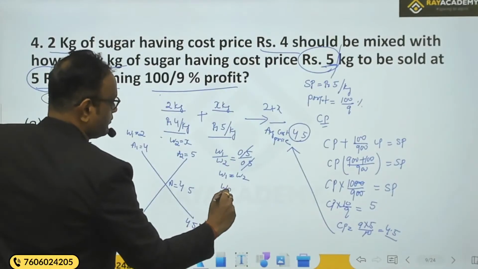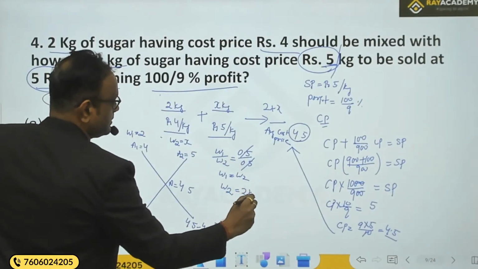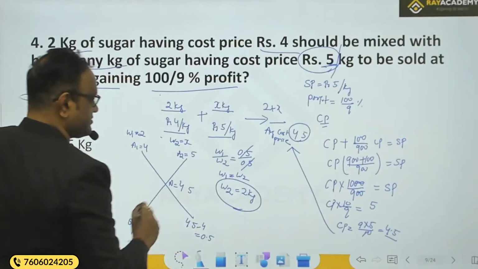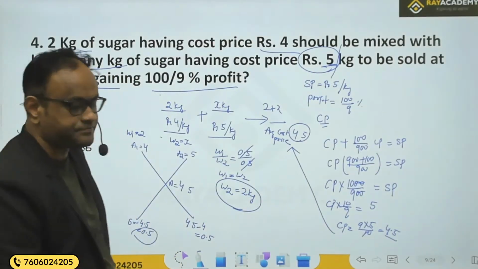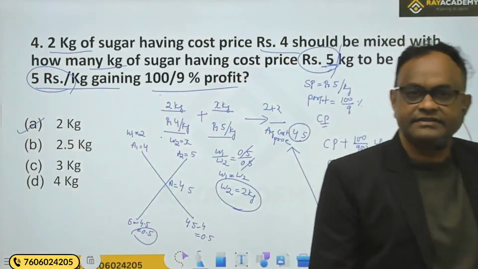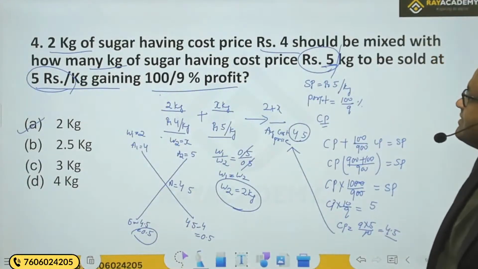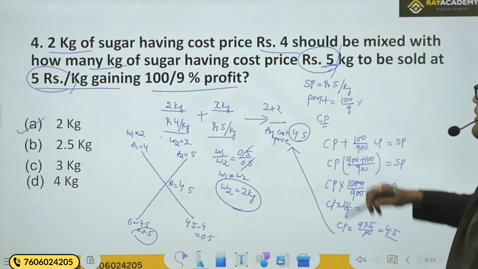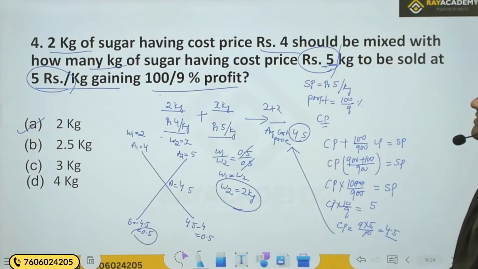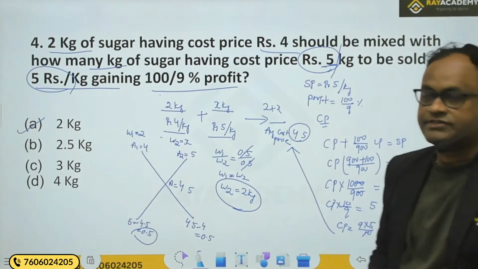So W2 is also 2 kg. So 2 kg is the right answer for this question. So this is answer option A. This is a bit tricky question. Initially, we thought that these figures were not correct, but these figures are correct. So are you getting how we solve this question?